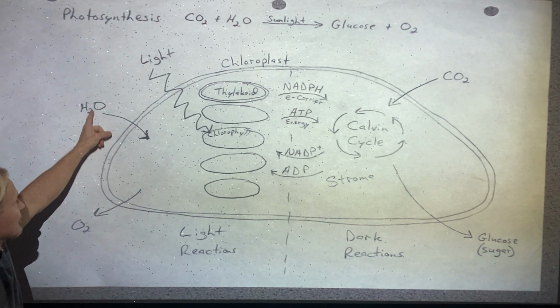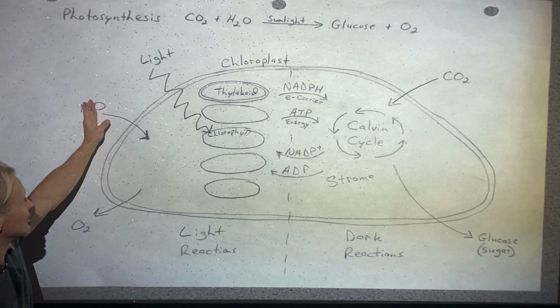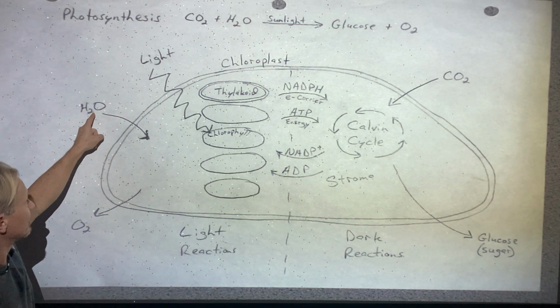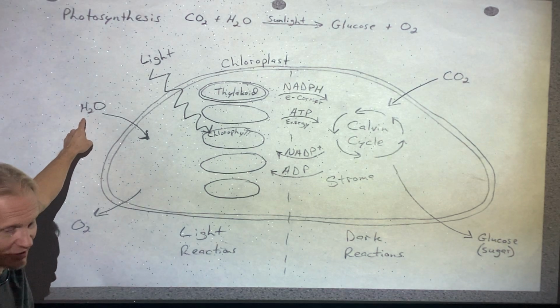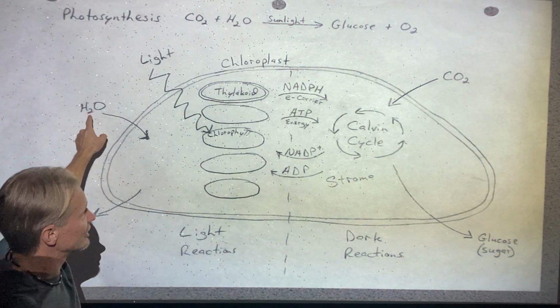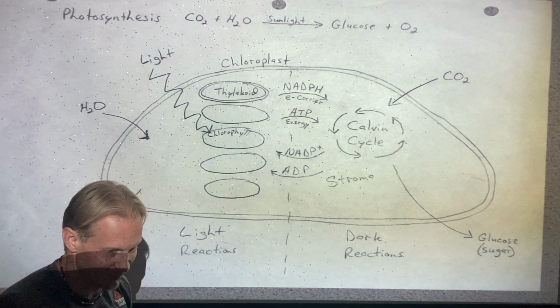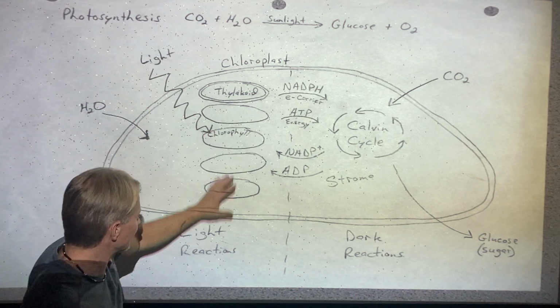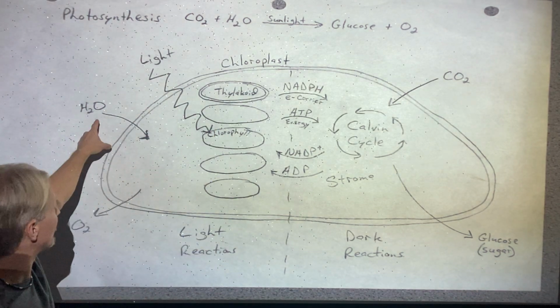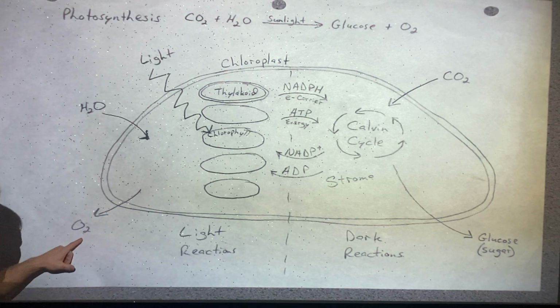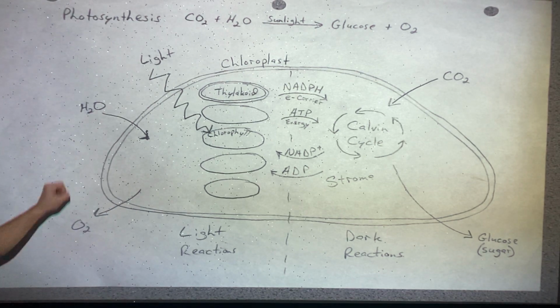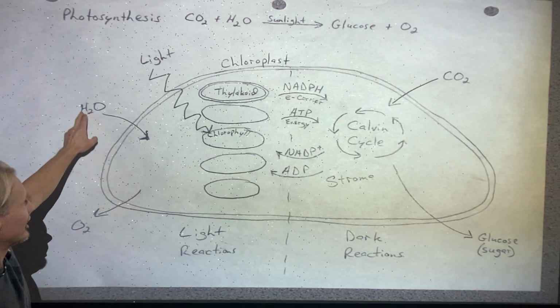They're going to split this water molecule, and the oxygen's not used. The plant's after the two hydrogens. Those two hydrogens are going to go on to the next step. So you could think of the light reactions as splitting water, getting rid of oxygen, and using the hydrogens.